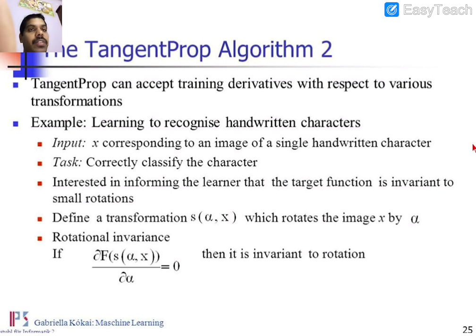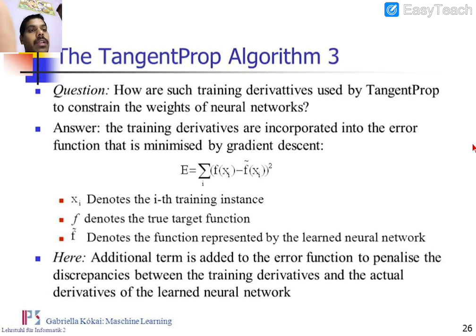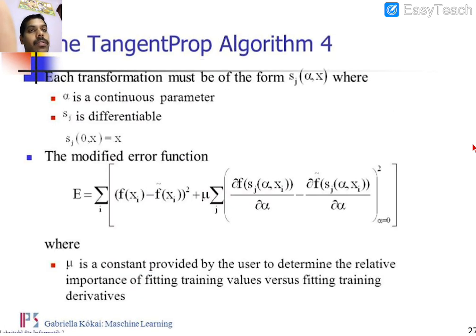And we considered what the input is, and that is that we have to recognize handwritten characters. How can we transform? That we have seen with a handwriting example. And so these are all the steps which are involved in the tangent prop algorithm to define the error function.